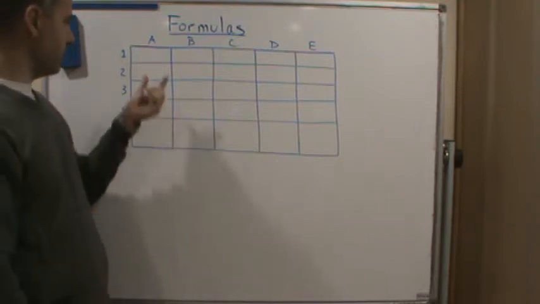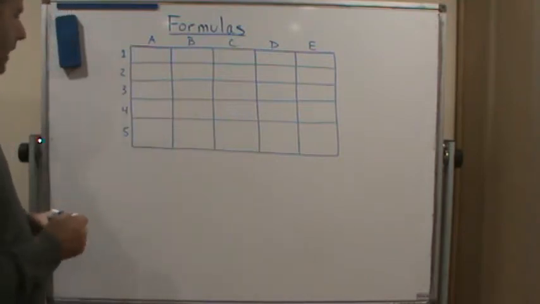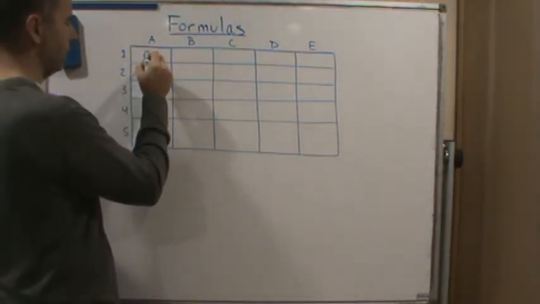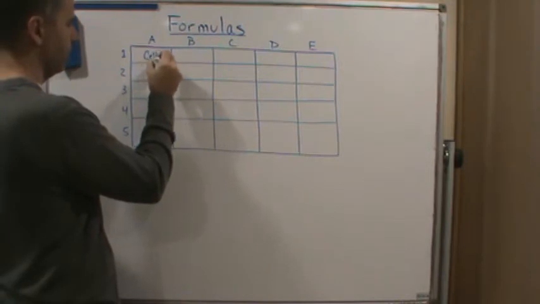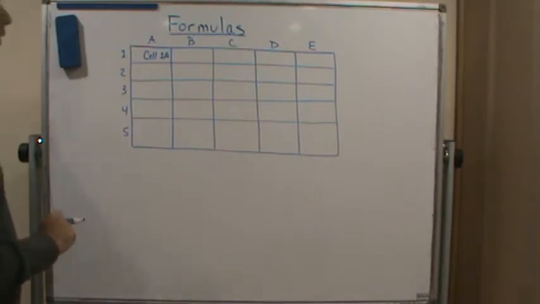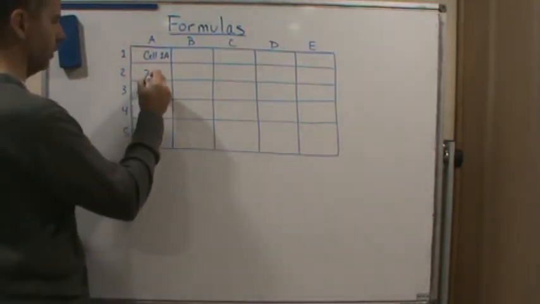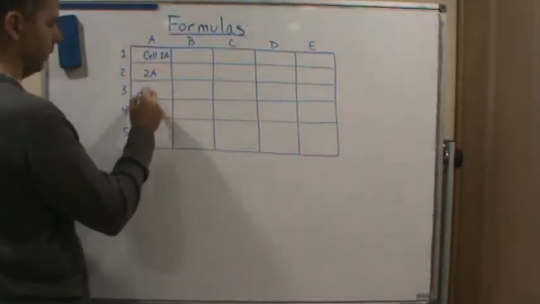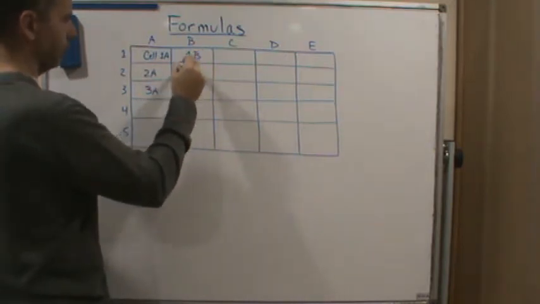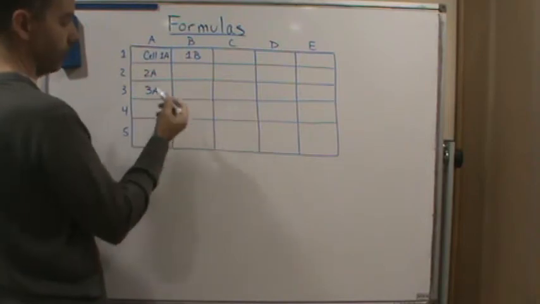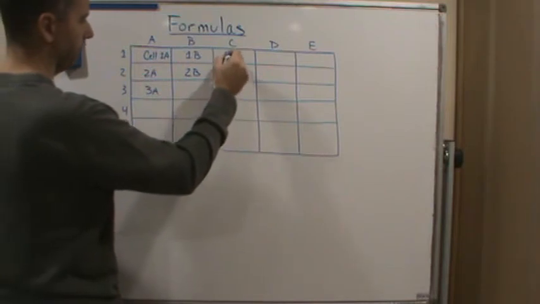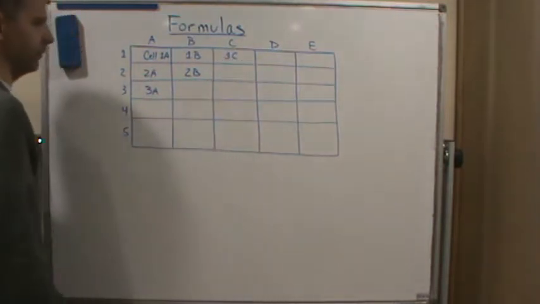Okay? So this cell would be cell 1A, right? This would be cell 2A and 3A, and this would be 1B, 2B, 3C.